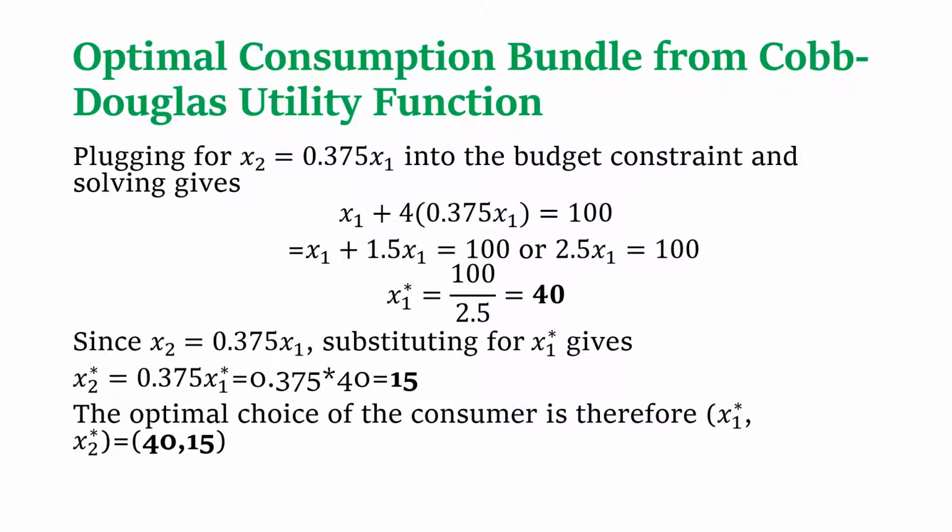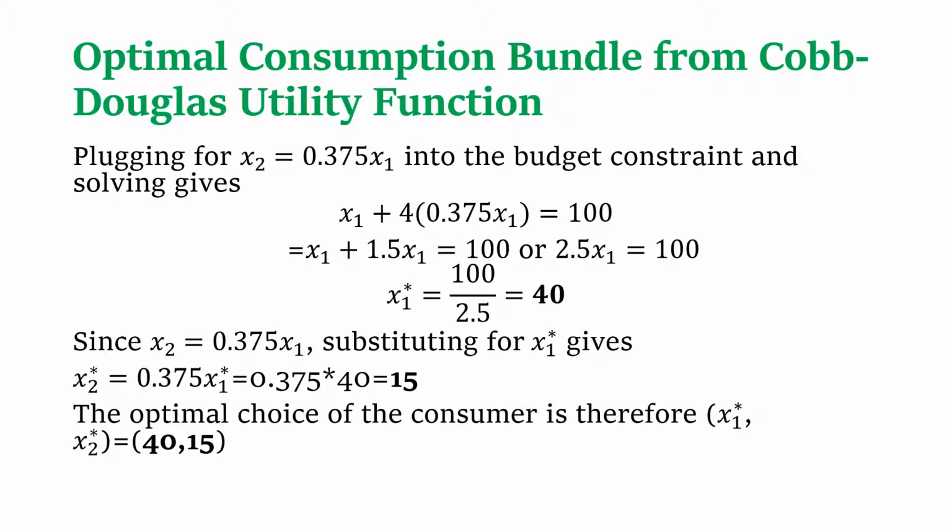But we know that x2 is 0.375 x1, right? So what do we do here? We just substitute x1 star into that equation, and that gives us x2 star equals 0.375 times 40, and that gives us 15.